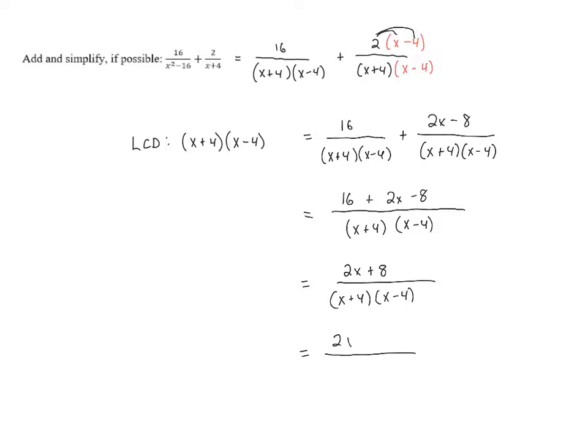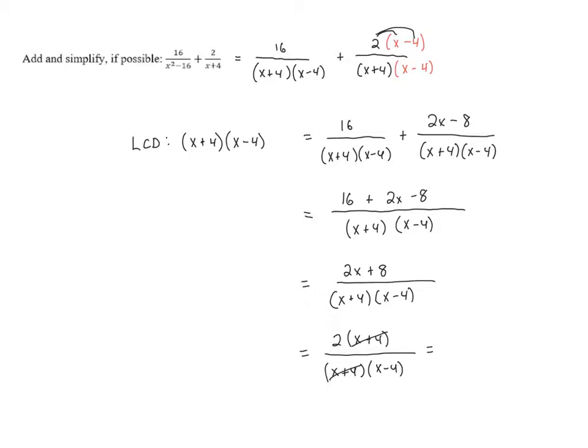If we do that, that gives us 2 times x plus 4 in the top. And in the bottom, we have x plus 4 times x minus 4. When we're looking to reduce, we notice that there is a common factor in the top and bottom of x plus 4. So we can cancel out those x plus 4s.